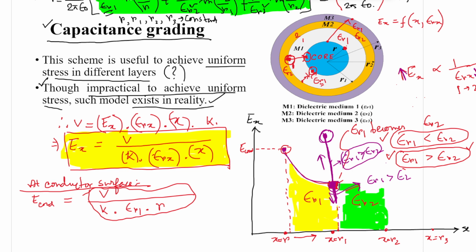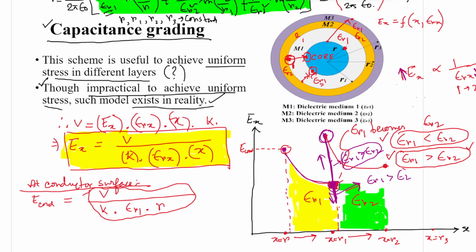again it starts. If you analyze the next medium from R1 to R2, again it follows the same criteria, the rectangular hyperbolic.